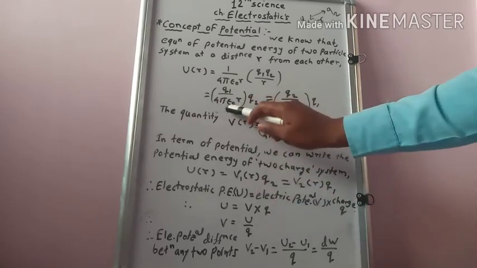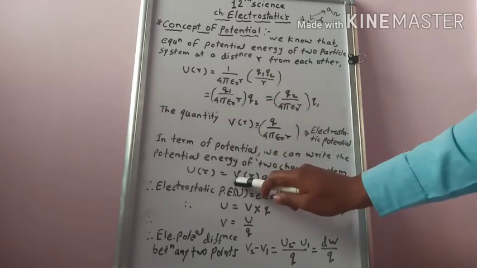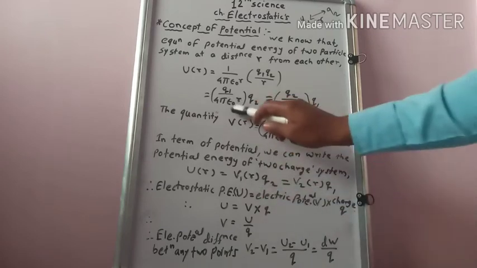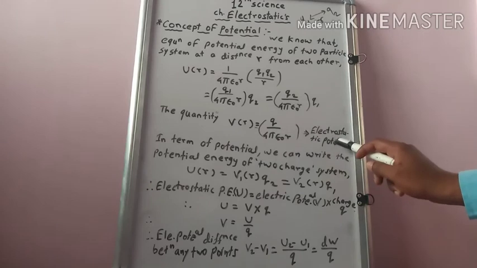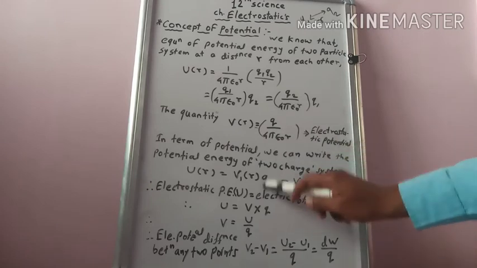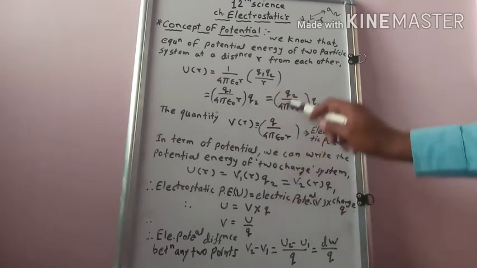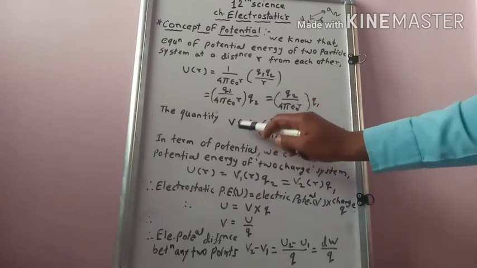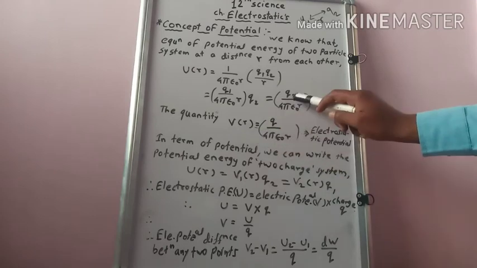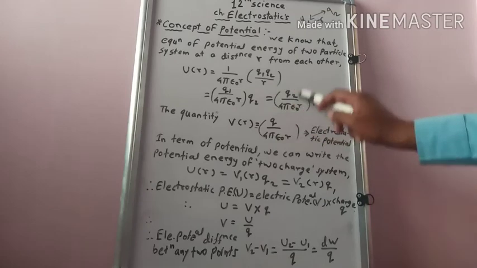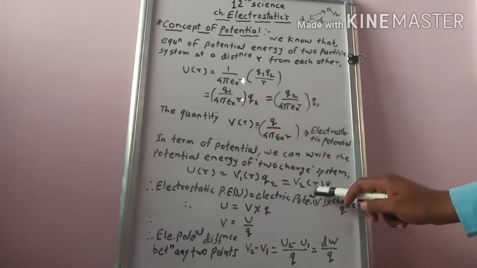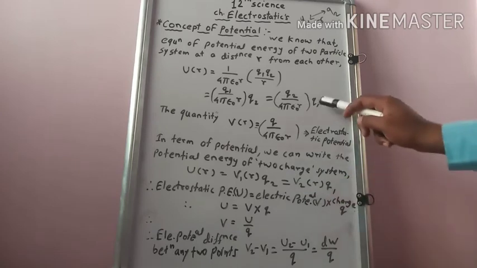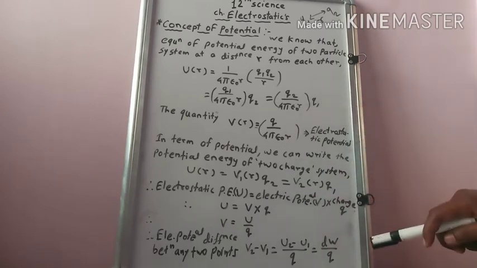q1 upon 4 pi epsilon naught r is equal to V1 of r. We know that this quantity is called the electrostatic potential, and q2 is as it is. Similarly, the other bracket is equal to V2 of r, and q1 is as it is.